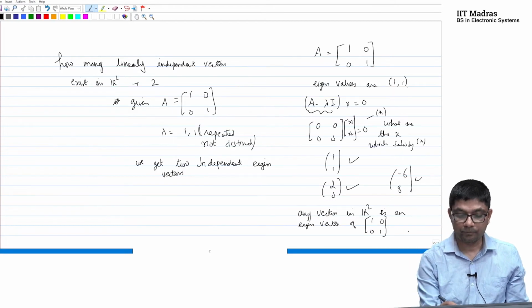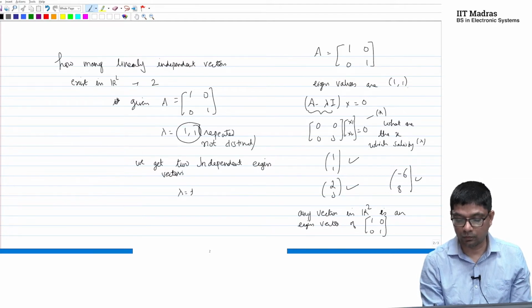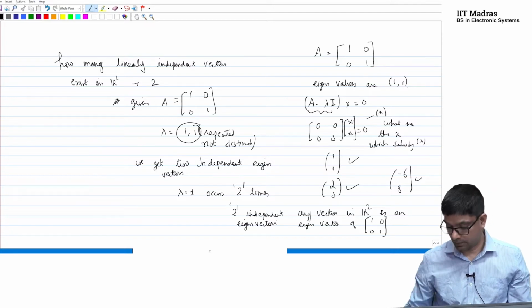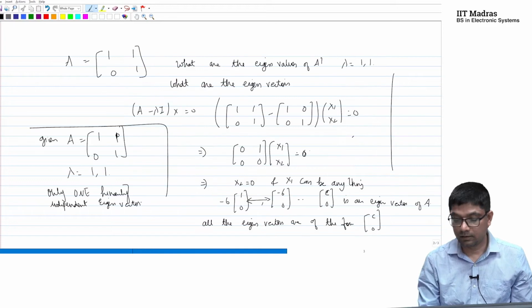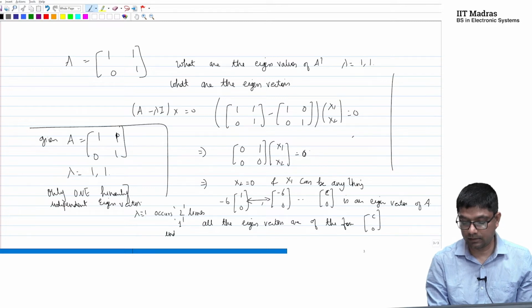In the first example, the eigenvalue lambda equal to 1 occurs 2 times, and there are 2 independent eigenvectors. Okay, here similarly lambda equal to 1 occurs 2 times, but it has only one independent eigenvector.